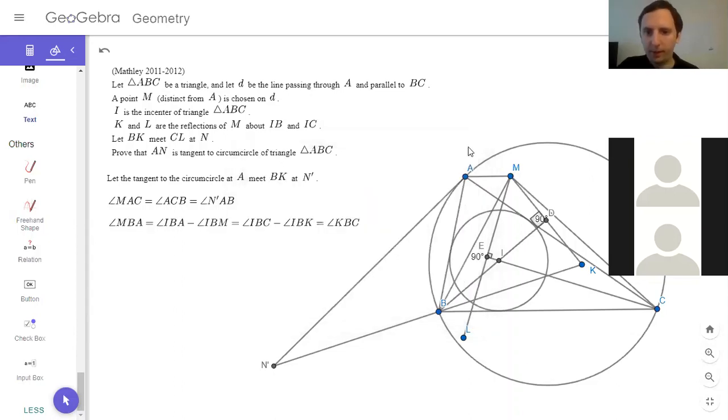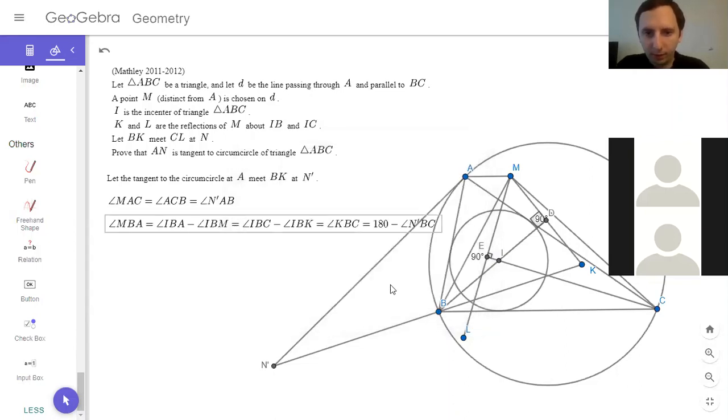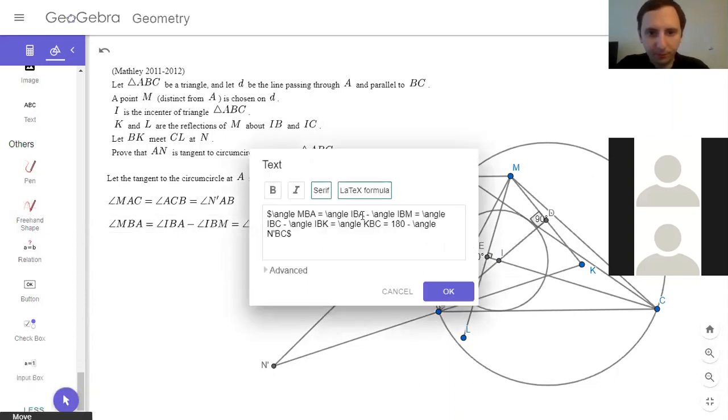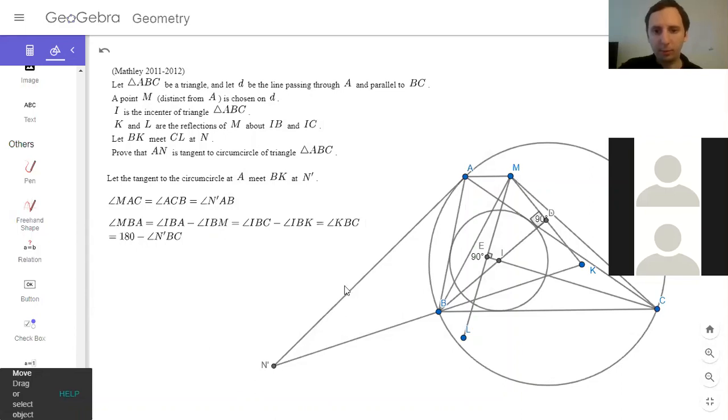So if angle MBA is equal to angle KBC, that's 180 minus angle M prime BC. There we go. So basically, M and N prime are isogonal conjugates with respect to the triangle.